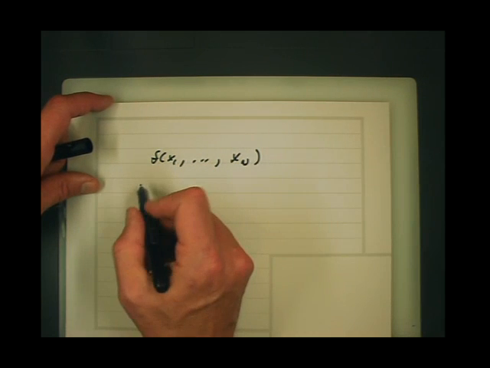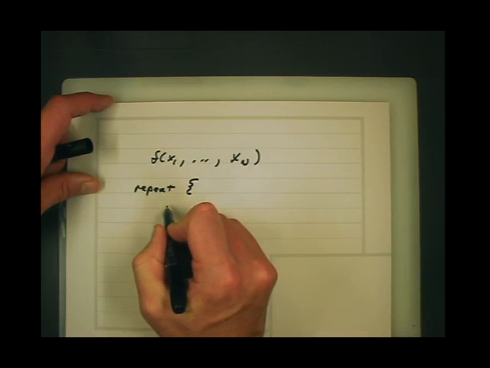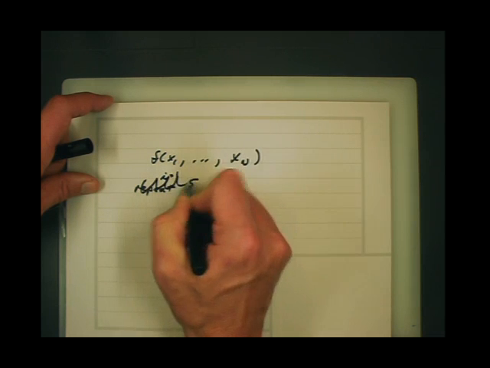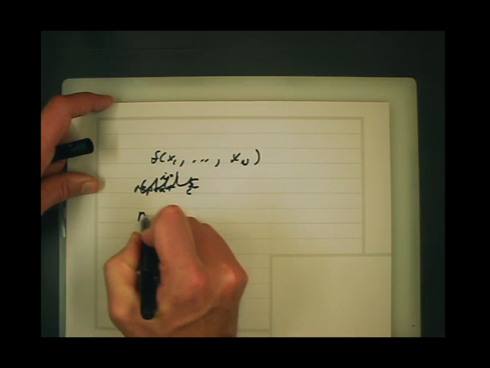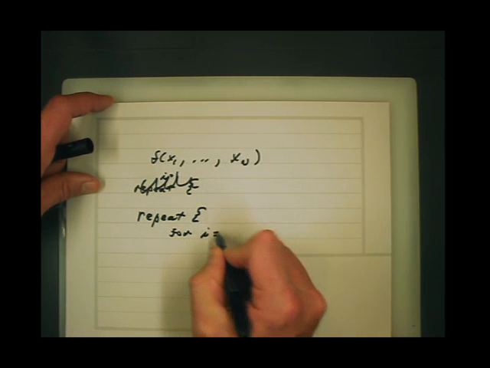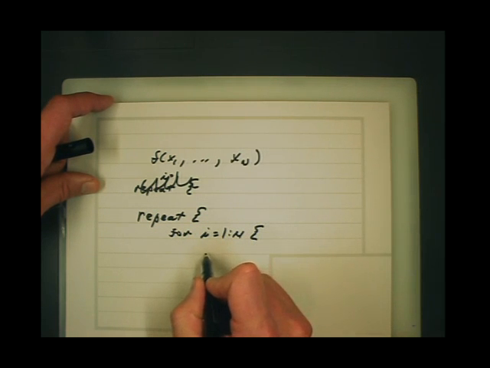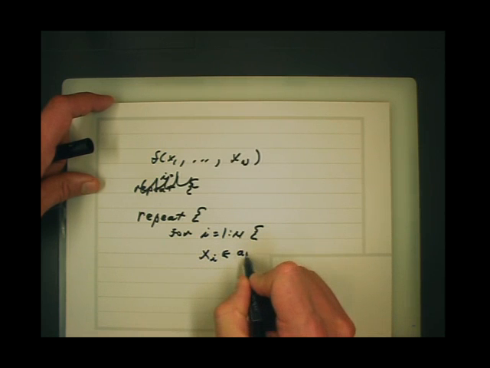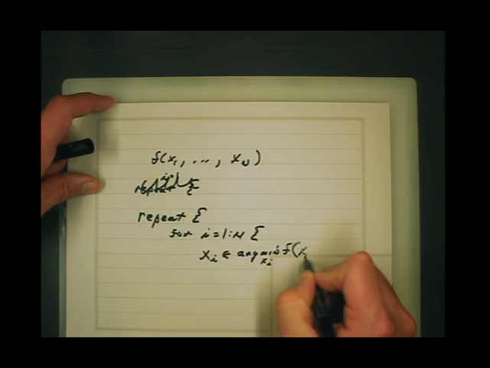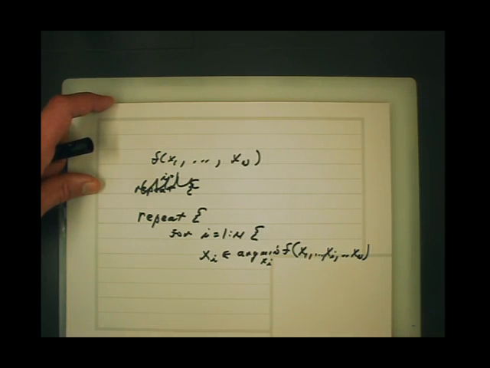So what you do is repeat, and then for i equals 1 to n, you take x of i and you replace it with the arg min over x of i of f of x1 through xi through xn.